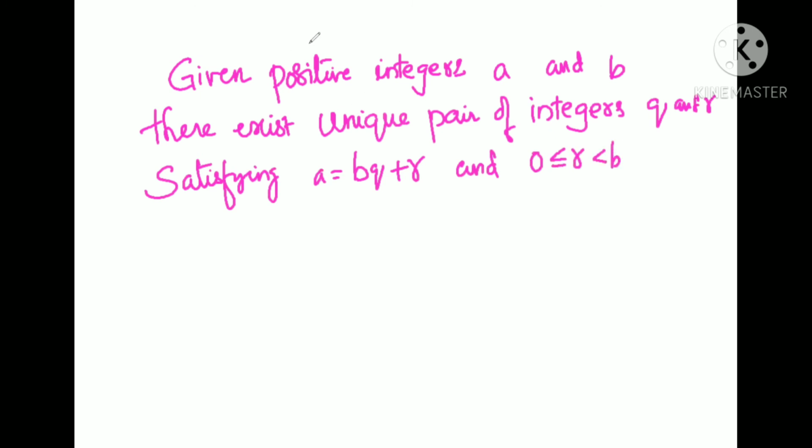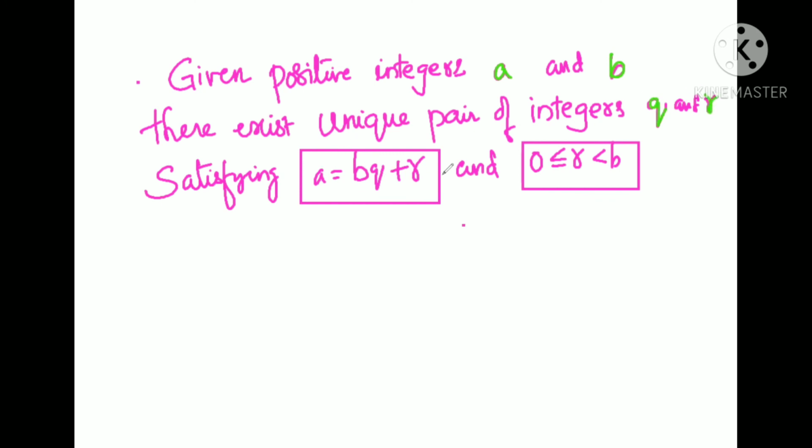Here are two conditions. First one, A is equal to BQ plus R, and second one, 0 less than or equal to R less than B. If we take any two integers A and B, there exists a unique pair of integers Q and R satisfying this.